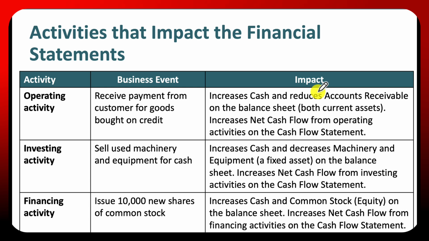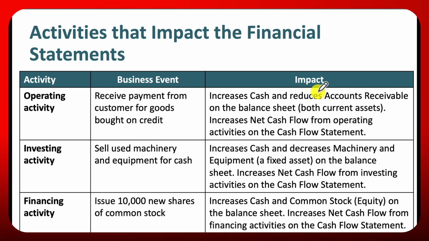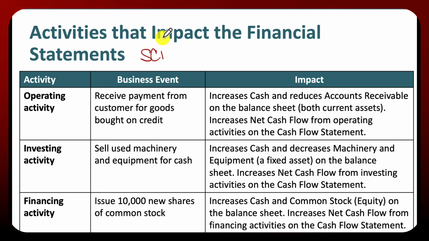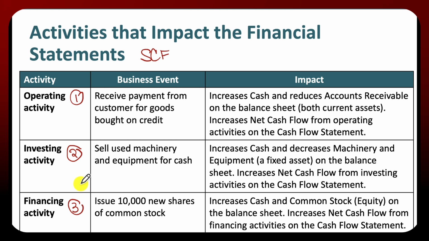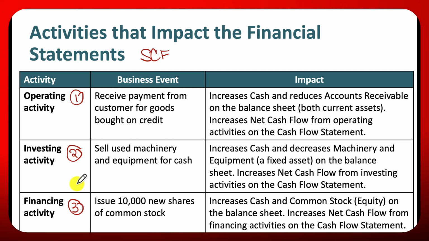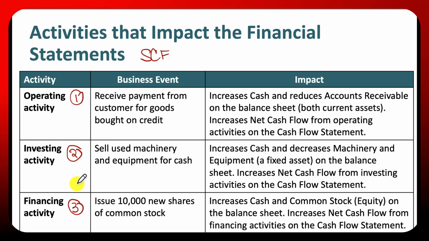Activities that impact the financial statements. As we know, in the statement of cash flows, we have three different types of activities: operating activities, investing activities, and financing activities. Operating activities involve receiving payments from customers for the goods that were bought on credit.